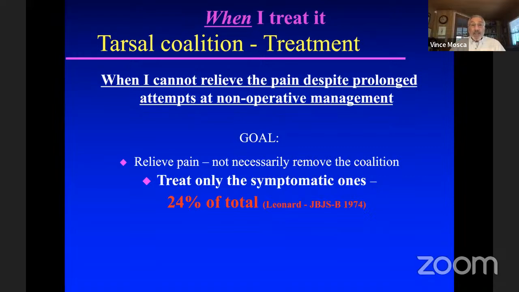And if there's no pain, there's no problem. Because pain is an indication that there's a problem. So if there's no pain, there's no problem. Maybe 13%, maybe 5%, but a lot of individuals with coalitions, most of them don't hurt, will never hurt.